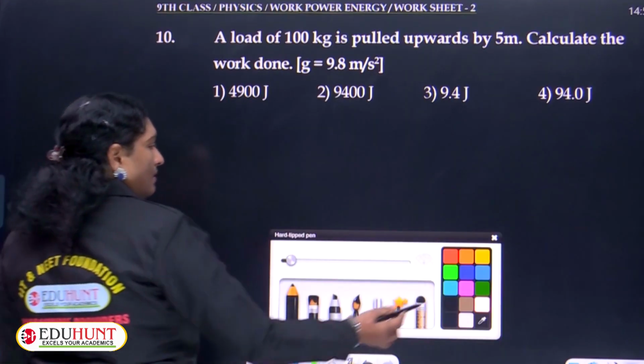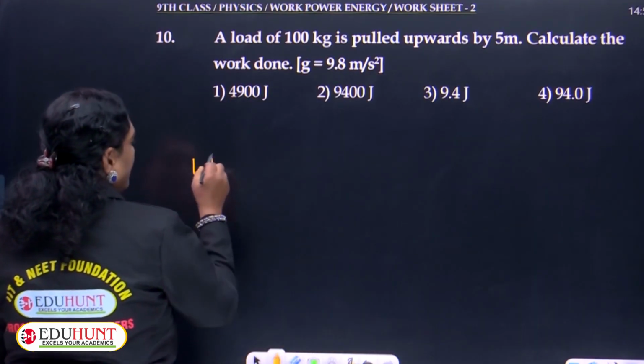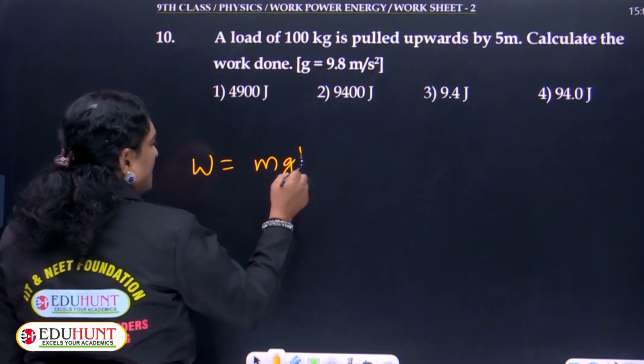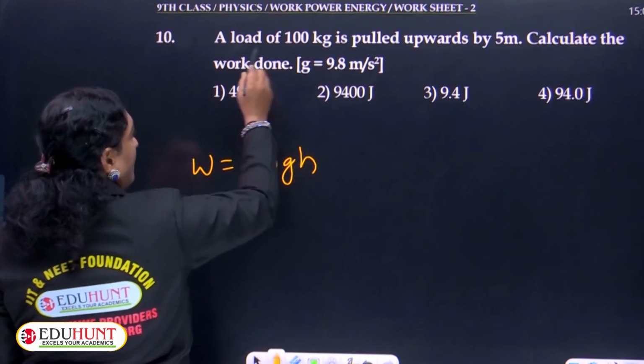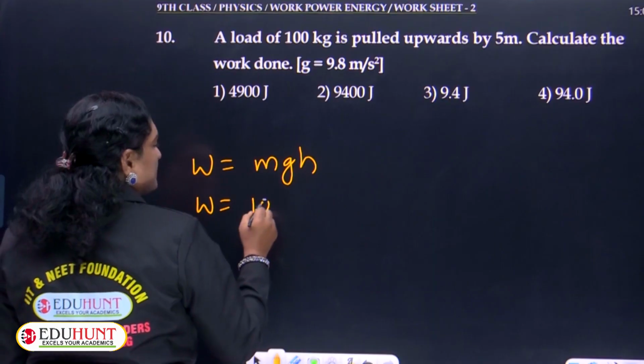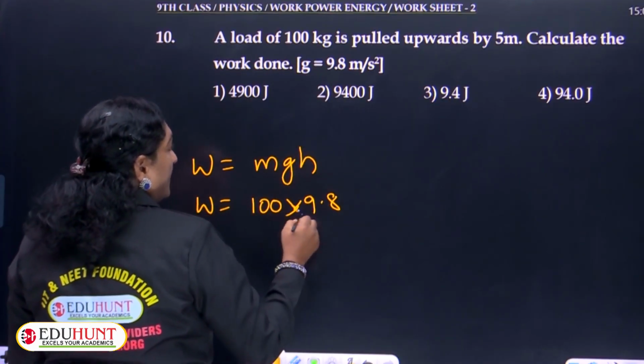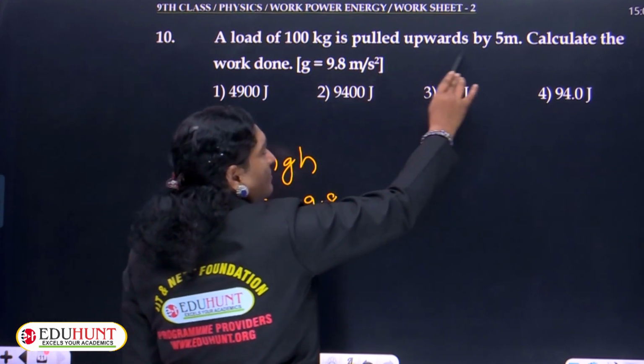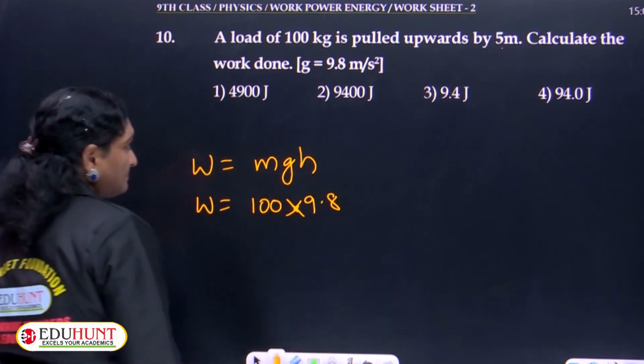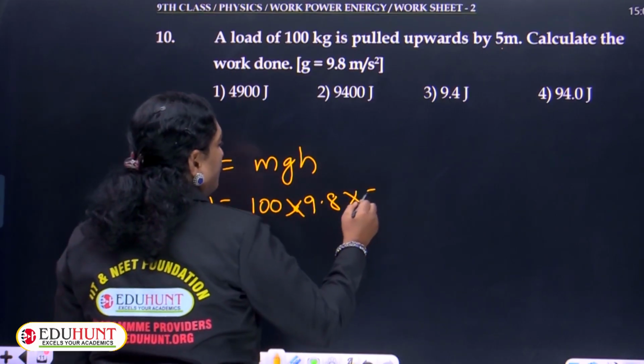So work done formula is mgh. Mass, load of 100 kg means mass is 100 kg. Acceleration due to gravity is 9.8. Height through which it is lifted upwards is 5 meters.